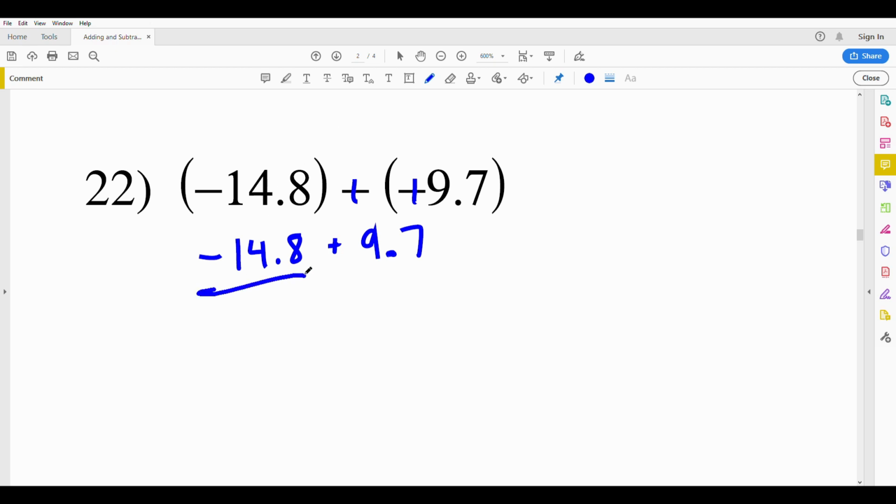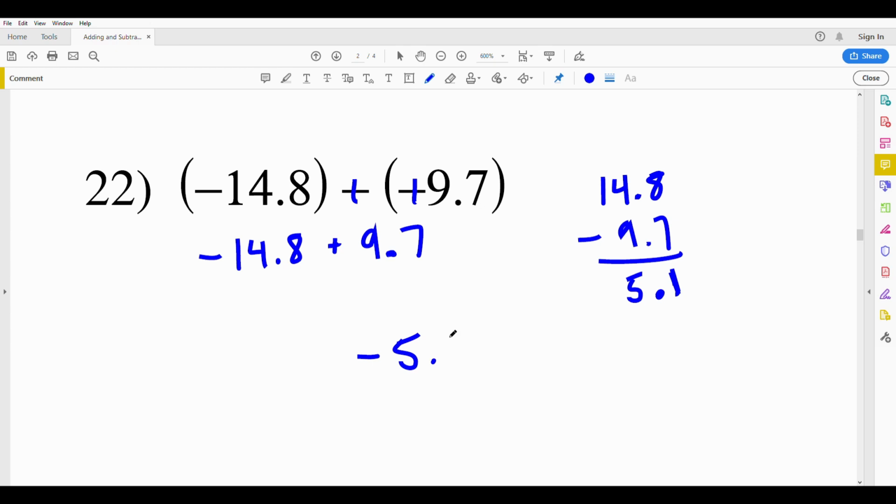Negative, because the distance is greater with negative 14.8 than it is with 9.7 from 0. So I'll have to find the distance. We still are to the left of 0. So I'll take my values without the signs and subtract them. So 14.8 minus 9.7 is going to give me 5.1, or 5 1/10. But remember, our resulting number is going to be negative. So this is a negative 5.1.